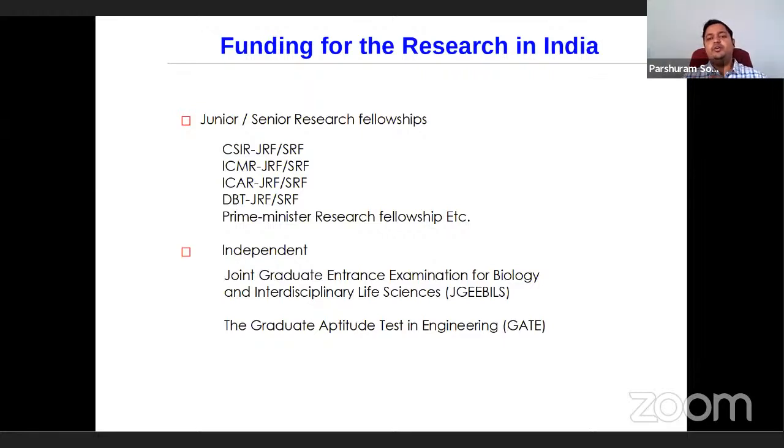The second important part, which comes up with many students, and I have seen the same thing in IITs as well as many national institutes, is that most of the people, even if they are able to crack the exams, are not able to find out what they really want to pursue in research.